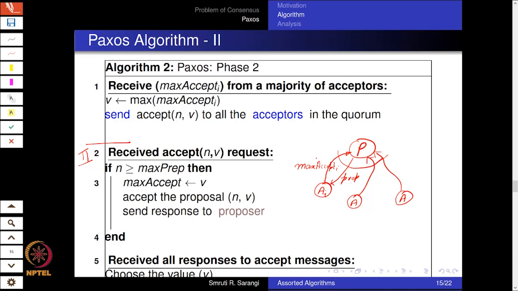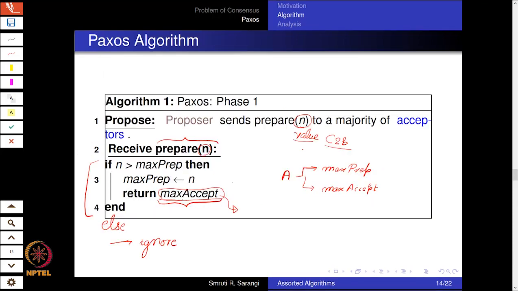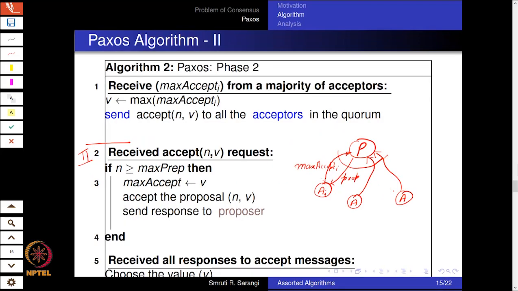So it is important to consider what happens at the time of initialization. I have not mentioned this, but this is a side note. The variables max accept and max prep are both initialized to the null value. You can assume that if all the values and proposal numbers are positive, this can be -1, or any other value that indicates that it is null.